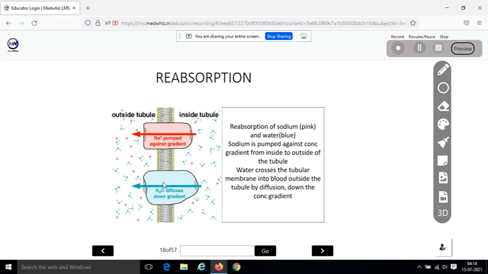Blue color is water and this is sodium. Along with sodium, water is also reabsorbed. Sodium is pumped against the concentration gradient from inside to outside the tubule, and water also crosses the tubular membrane into blood outside the tubule by diffusion down the gradient.